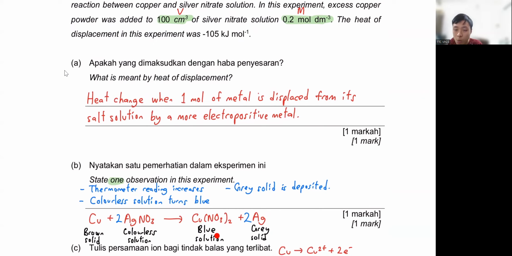Remember, copper(II) nitrate means copper(II) ion, which normally gives a blue solution. Then silver alone is a gray solid. So basically there are 3 things. One, gray solid is deposited. Two, colorless solution turns blue. Three, because it's negative, heat is released, exothermic, temperature increases. So you can say the thermometer reading increases also.